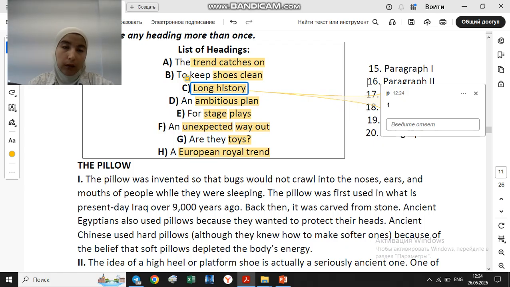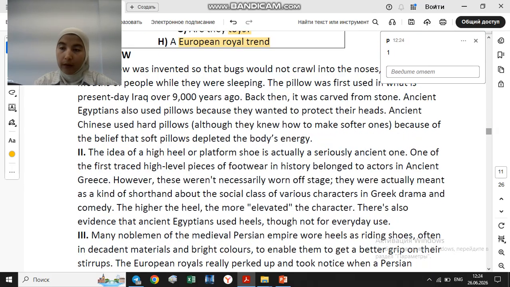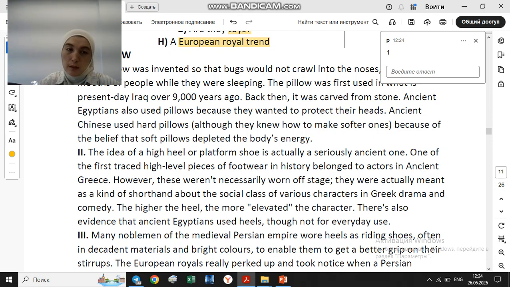I just write number one as the number one paragraph. If I change my mind, if I am going to use the same heading for another, I can describe it later. If I think too deeply, I can use up all my time for only one paragraph. Let's move on to the next.